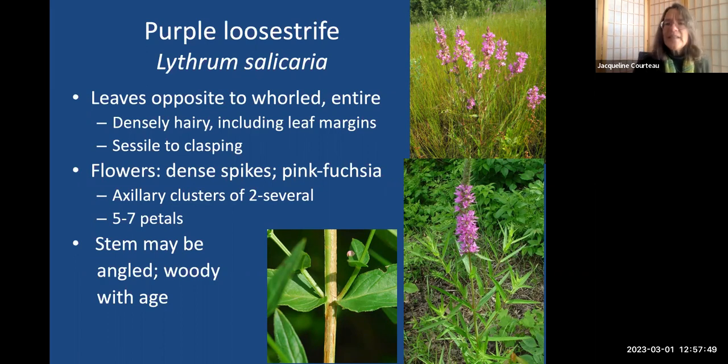They're usually pink to fuchsia, but some are lighter and some can get to almost a bluish color. So that's where you might confuse them with at least one other native. The axillary clusters are really quite tightly packed. And the stem, and this is where I think it can be confusing if you see it only vegetatively, the stem actually can get woody with age and can seem rather angled.